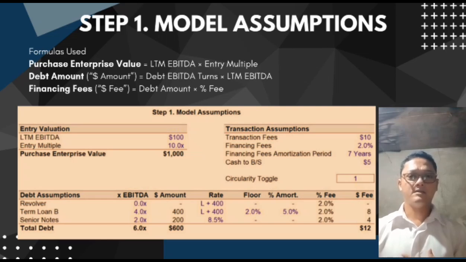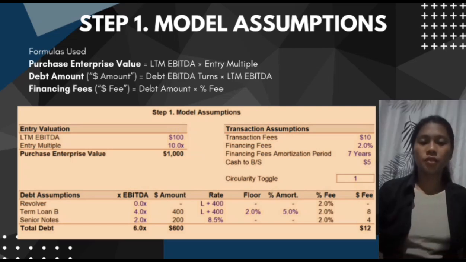Here are the formulas used: purchase enterprise value equals LTM EBITDA times entry multiple, debt amount equals debt EBITDA turn times LTM EBITDA, and financing fee equals debt amount times percent fee.